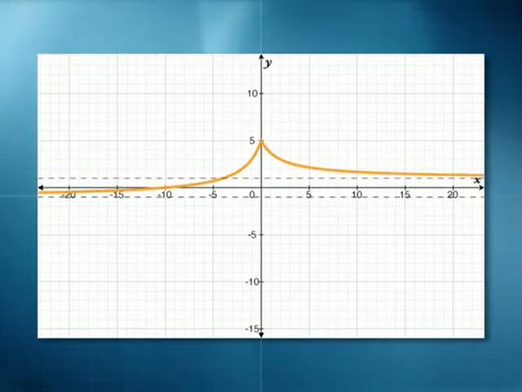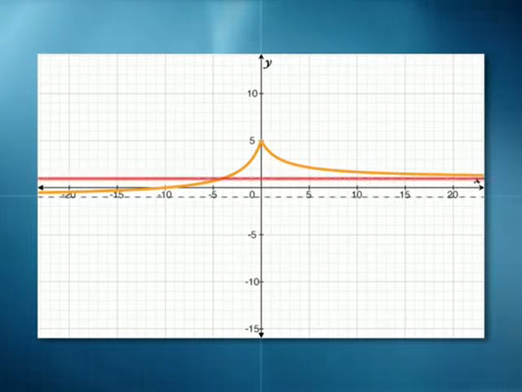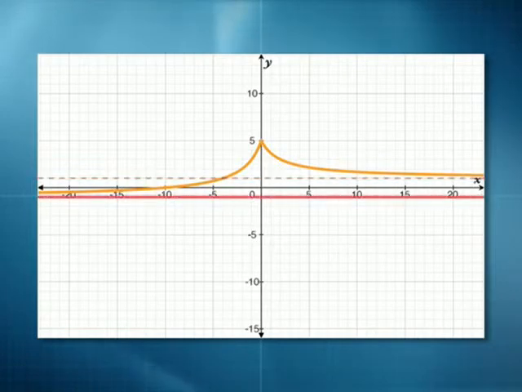Here's a picture of that unusual function. And you can see that it has two horizontal asymptotes. Its horizontal asymptote to the right is 1 and to the left is minus 1. Okay, that was a tricky example, and it wasn't really a rational function, but kind of a fun example.